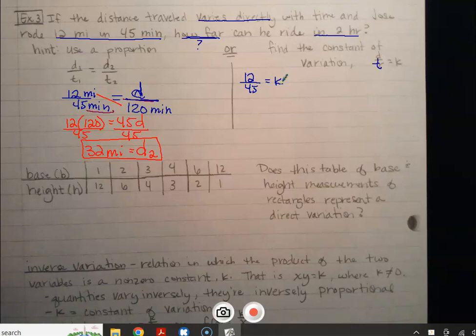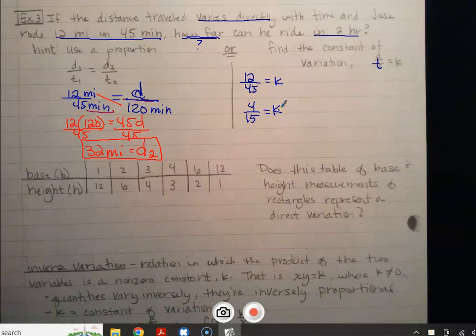Now the problem with this one is it's going to give you an ugly decimal number, 0.26666 repeating, unless you get it to a fraction, which would be 4/15 equals k, which you can do, but it's not super helpful.